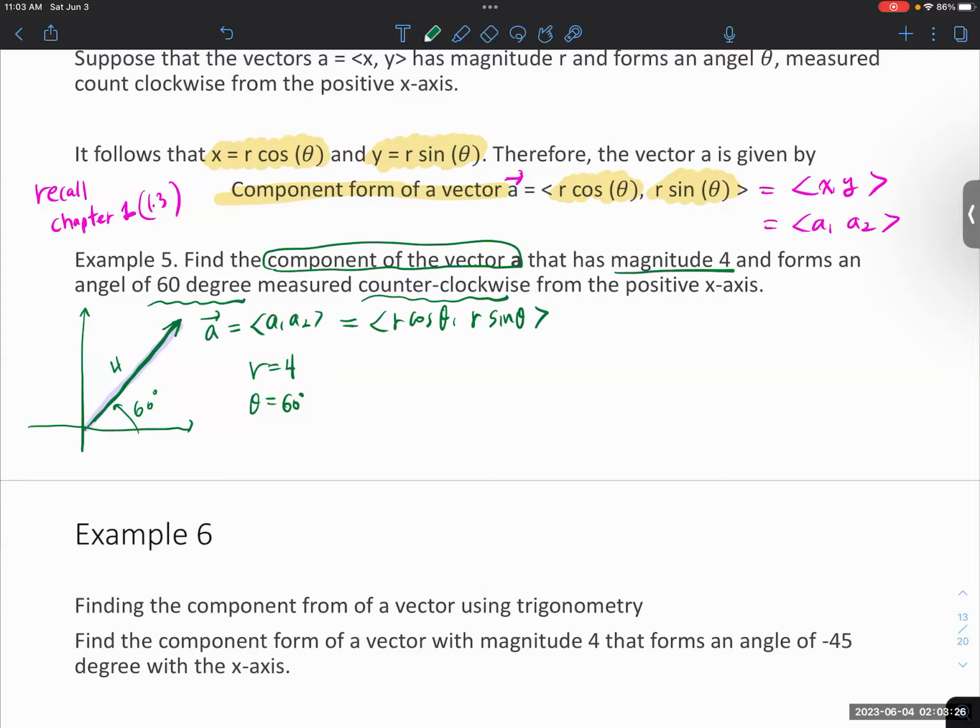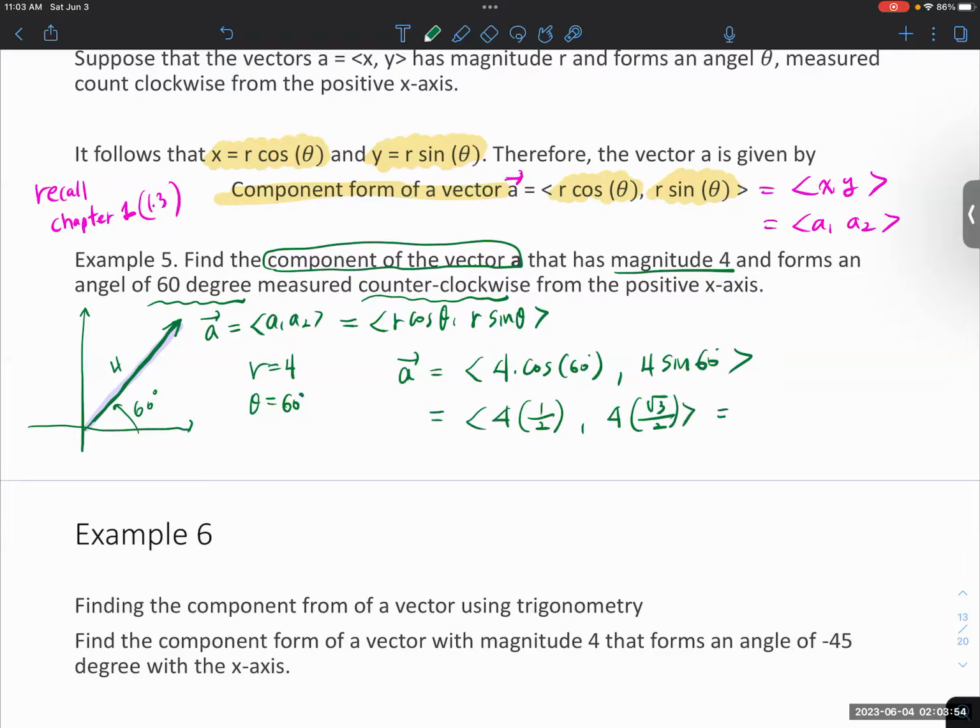So let's plug in. The vector A is going to be 4 times cosine 60 degrees, comma, 4 times sine 60 degrees. If you go to the trigonometry table, cosine 60 is 1/2, and 4 times sine 60 is radical 3/2.